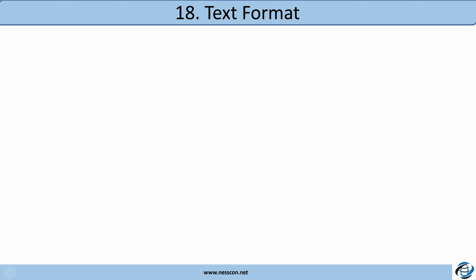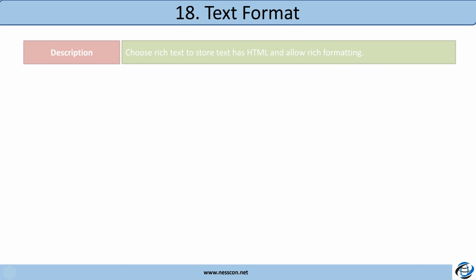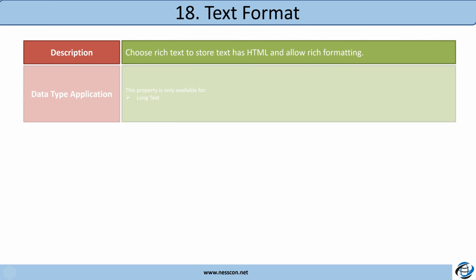The next property we are going to learn is text format. The description says choose the rich text to store text as HTML and allow rich text formatting. This property is only available for long text. So I already told you earlier that this long text we can save hundreds of thousands of characters up till 2 GB of data.